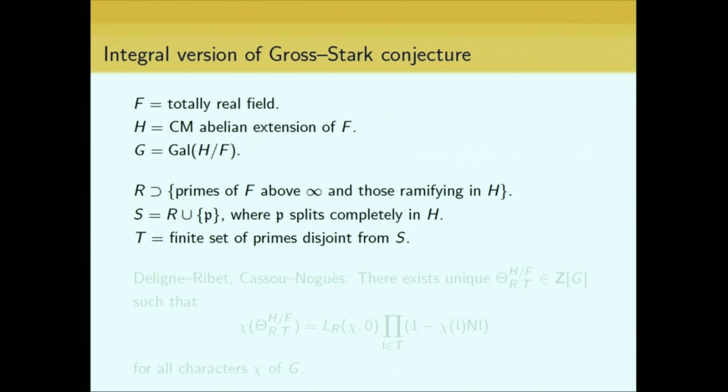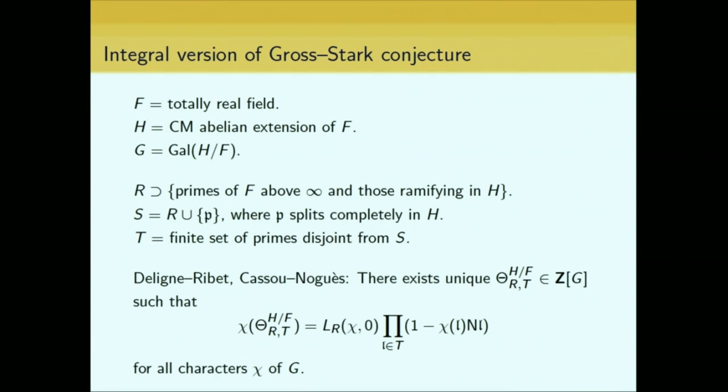And then for technical reasons, you have to have this smoothing set of primes T, which should be disjoint from S. Deligne-Ribet and Cassou-Noguès, as I mentioned, in the theorem about the p-adic L-function, also proved, using the same methods, that there exists a unique element in the integral group ring which is kind of an L-function evaluator.